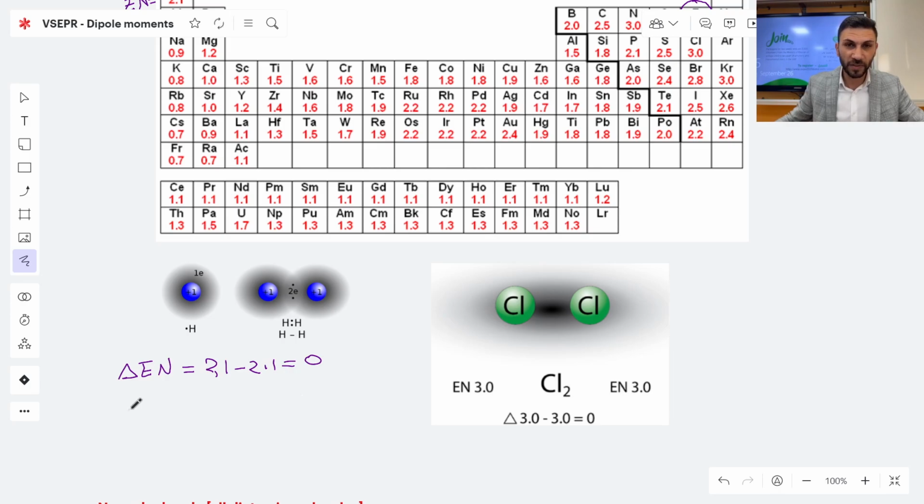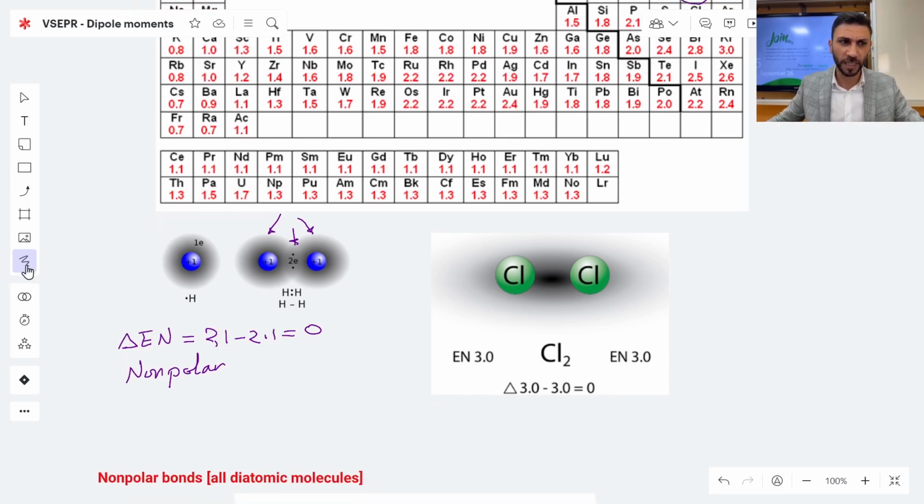And that means this bond between H and H is non-polar, because the electrons, as you can see here, are shared evenly. The strength of the atom to pull the electrons is the same. So the electrons remain in the center, in between the first hydrogen and the second hydrogen atom.